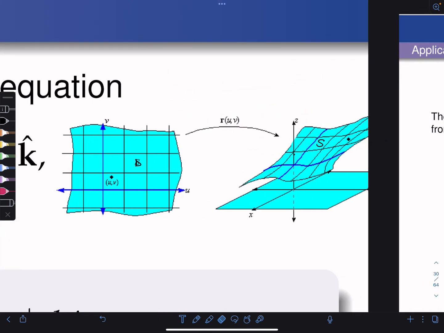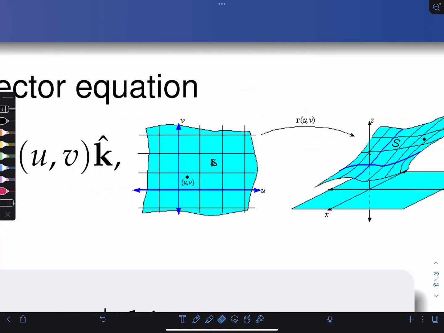We can see here the function r taking every point on the domain D into some point in the surface S.